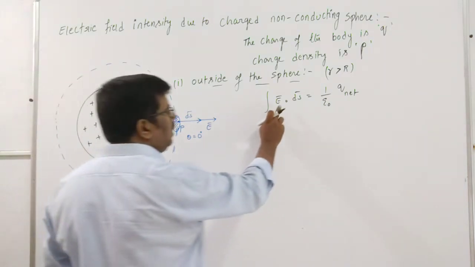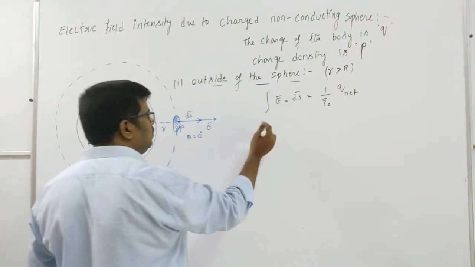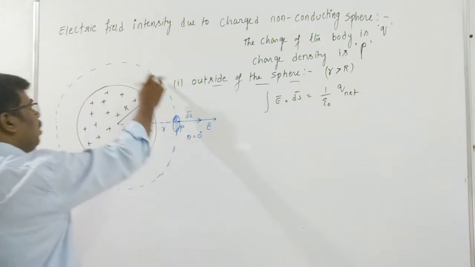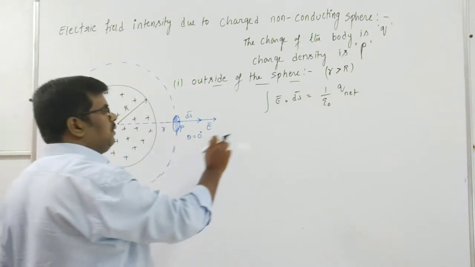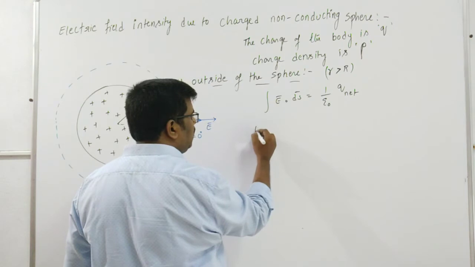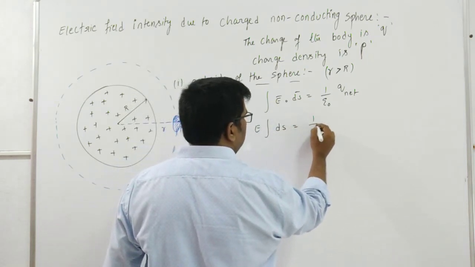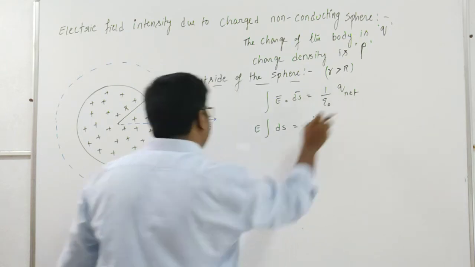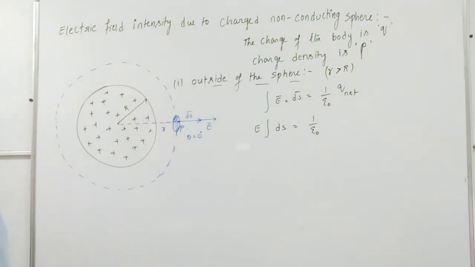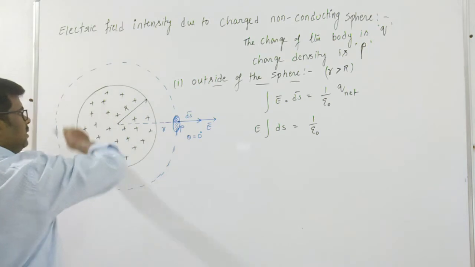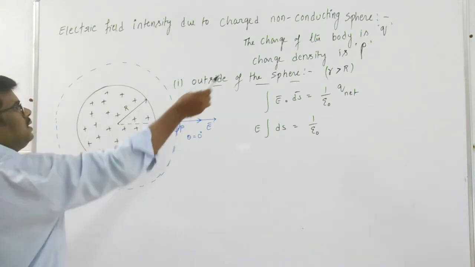So integral E bar dot ds is E ds. E remains constant at every point over the surface, so we can take it outside of the integration. So E integral ds equals 1 by epsilon naught times the charge enclosed by the Gaussian surface, which here is q.